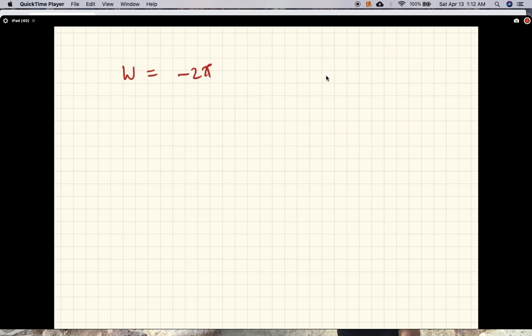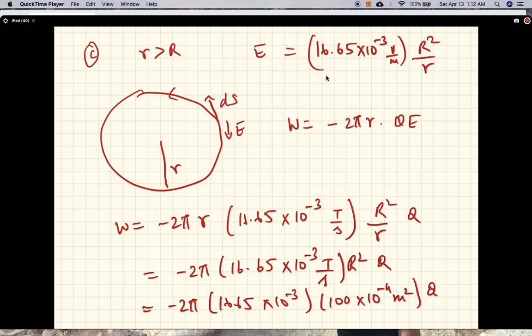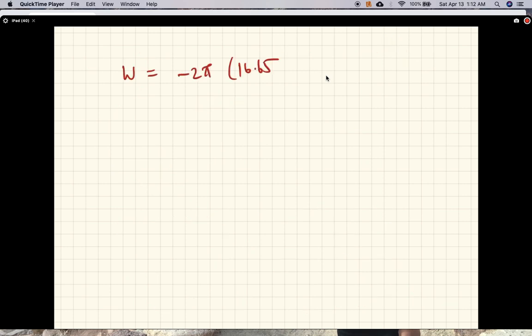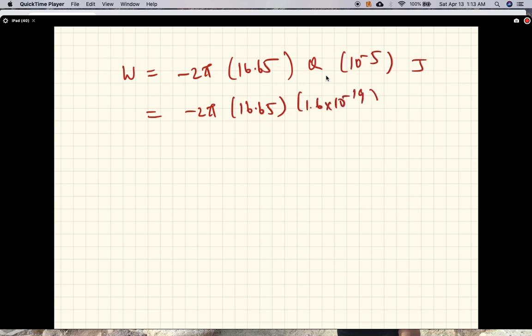Okay, so minus 2 pi 16.65, and what did we say? 10 minus 3, 10 minus 7, 10 minus 5, Q into 10 minus 5. And this will work out in joules. Minus 2 pi 16.65. Q is 1.6 into 10 minus 19 into 10 minus 5 joules.